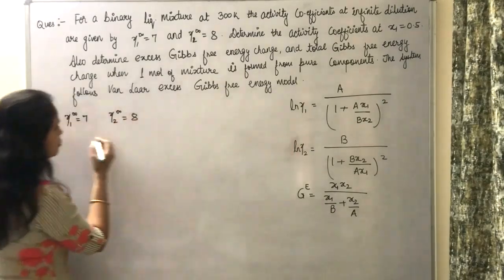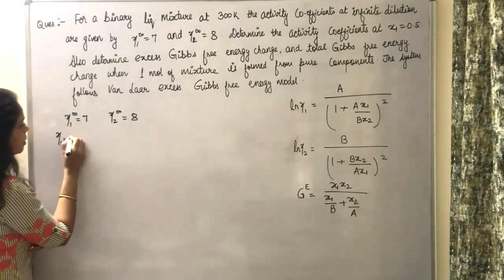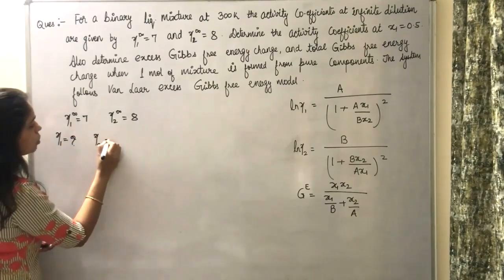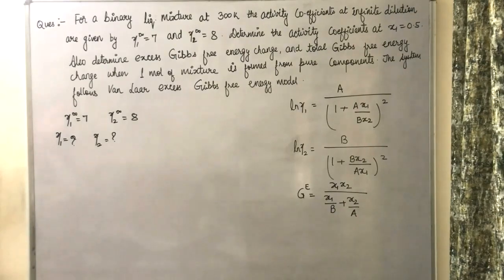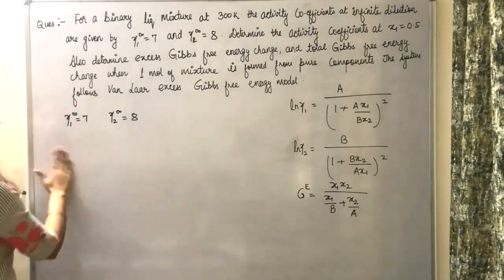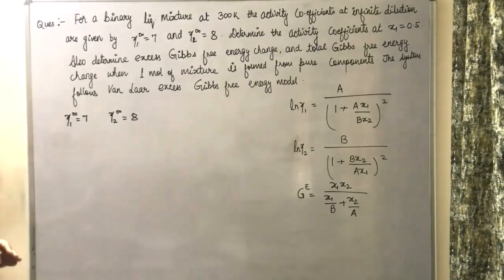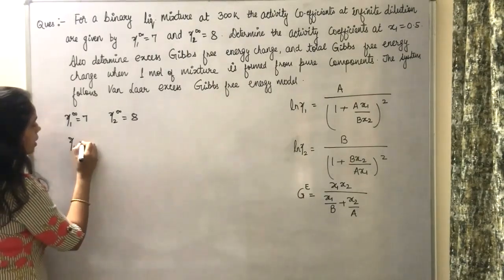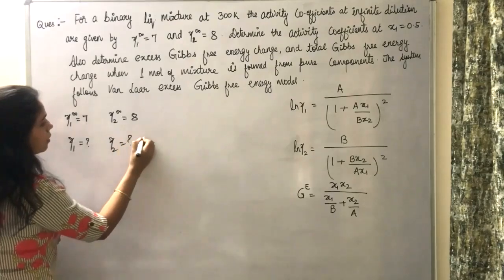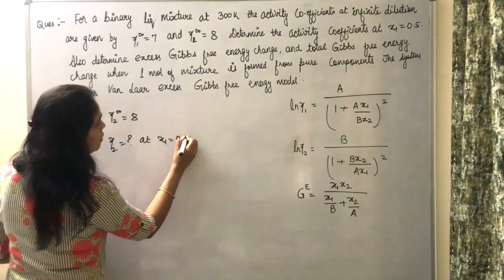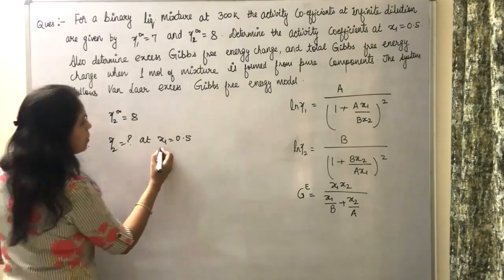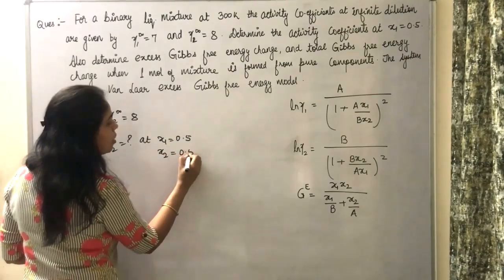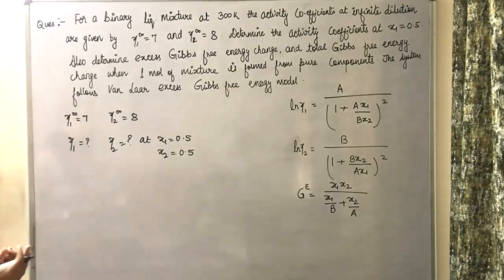So we need to find the activity coefficients gamma 1 and gamma 2 at x1 equals 0.5. x1 is given, and it is a binary mixture, so automatically x2 will also be 0.5.